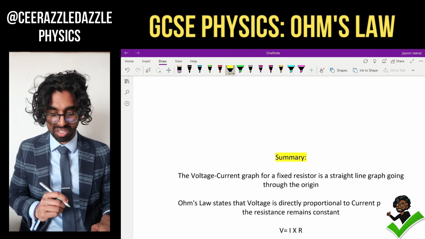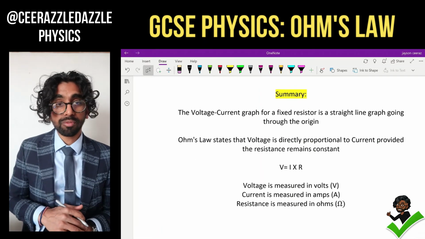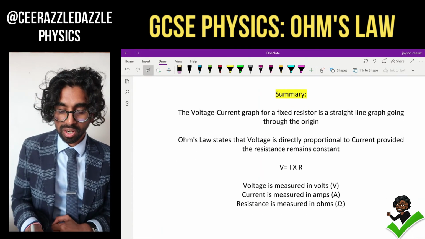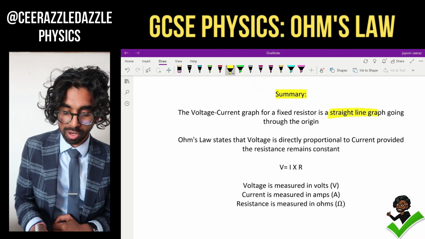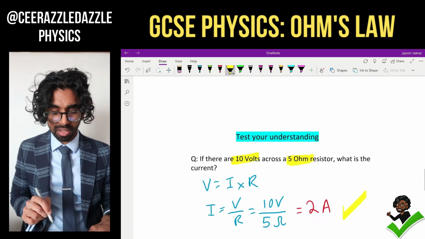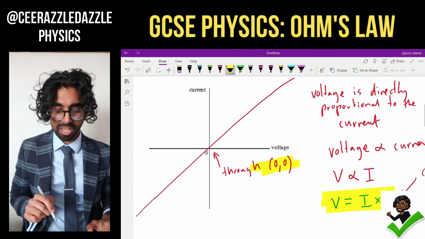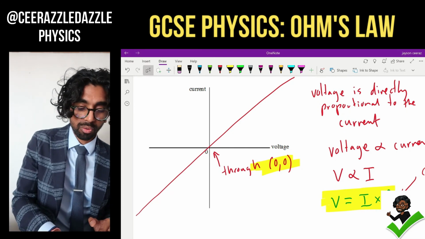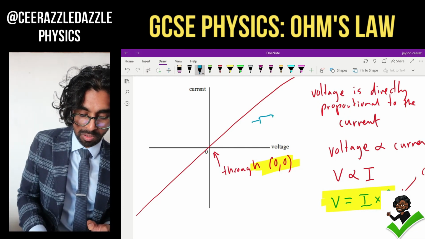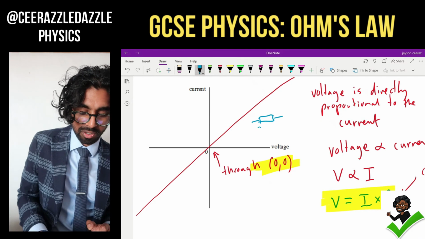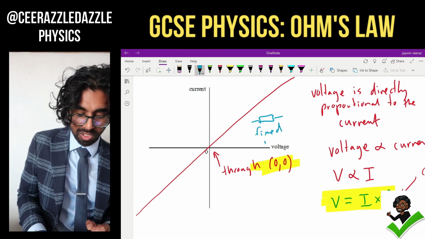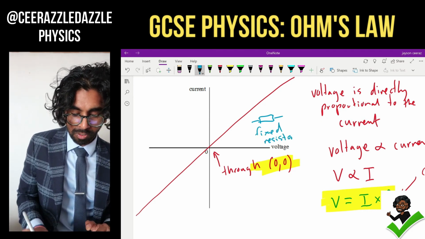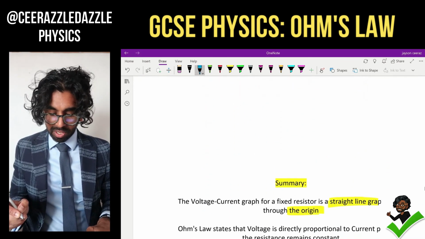Right, so to summarize, the voltage current graph for a fixed resistor is a straight line graph going through the origin. Check that out. So if we're over here, we obtain the straight line graph for, this is only for the fixed resistor. Okay, so we're here.